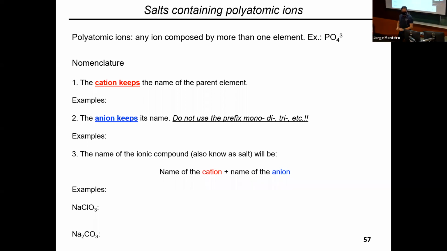Okay, one thing to pay attention to when you have the charge of the polyatomic ion is that the charge is for the whole thing. Okay? The whole thing will behave as a unit. And that's why we have Na2CO3.